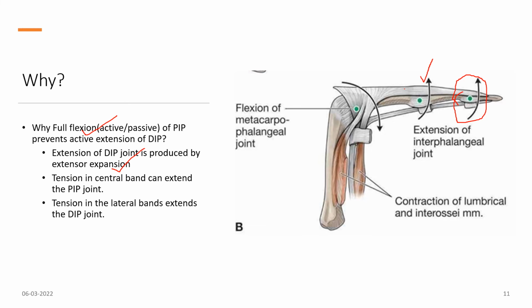So, in the extensor hood, the central band extends the proximal joint, and tension in the lateral bands extends the distal interphalangeal joints.